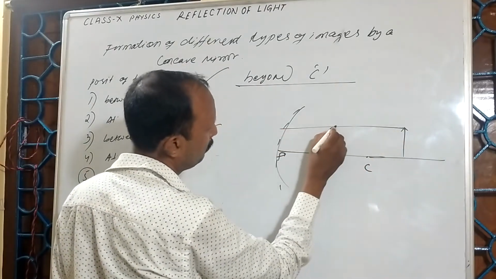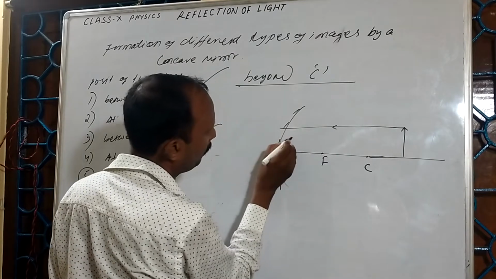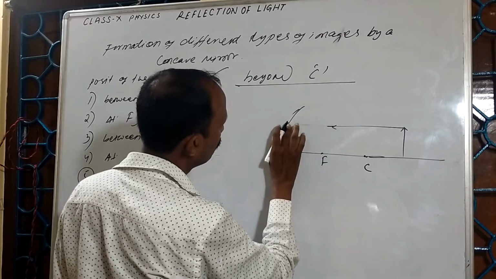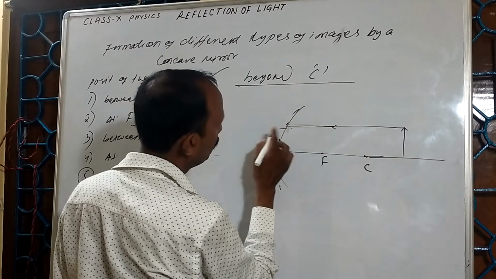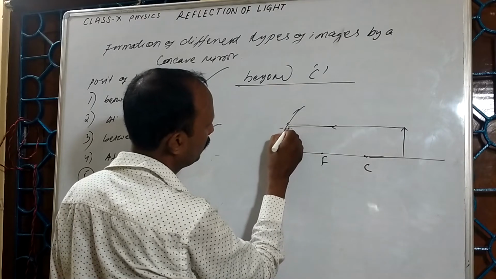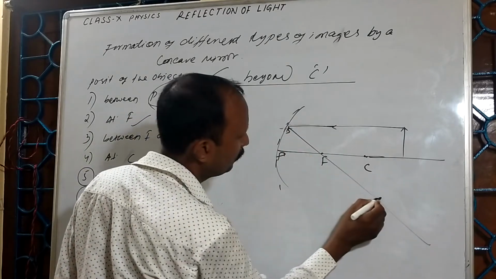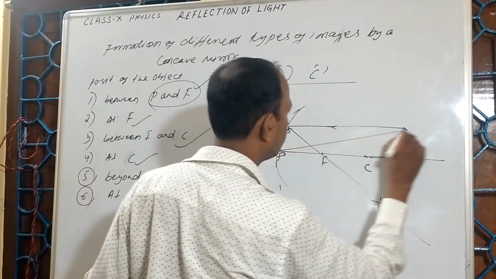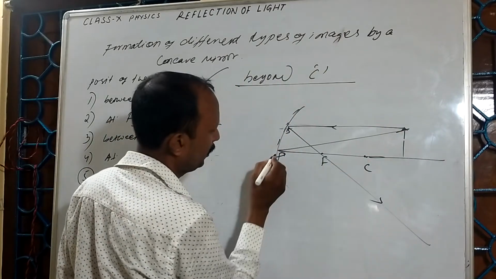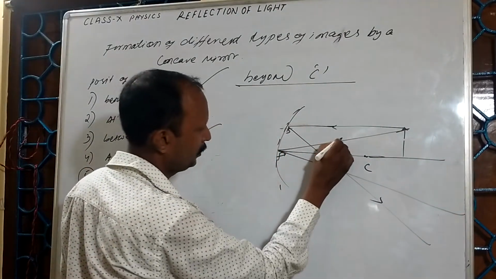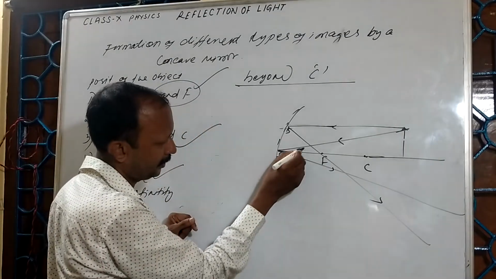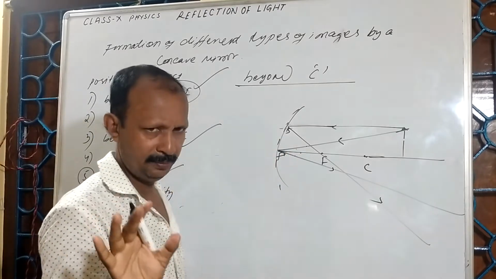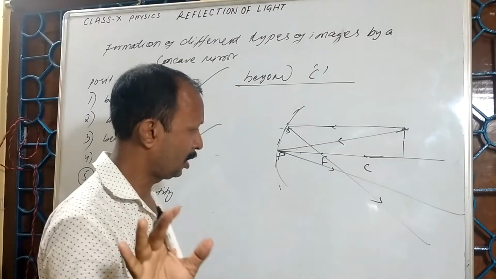Now the light ray comes parallel, so definitely it will pass through the focus after hitting at this point B. Next, I am taking it from here. This is the incident ray, this is the reflected ray. This is the normal. Angle of incidence and angle of reflection are both equal. In all cases, all rays will follow the rule, no doubt.